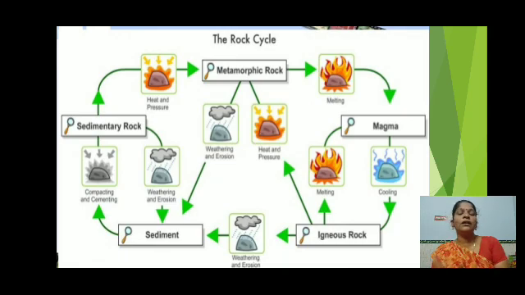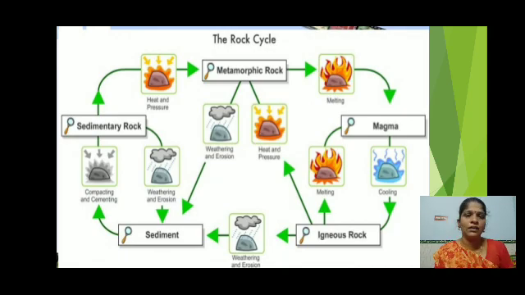Because of heating and cooling by the rain, they are broken into small pieces. When those sedimentary rocks go inside the earth and get more heat and pressure, they turn into metamorphic rocks. Those metamorphic rocks go deep inside the earth, and because of the pressure, they come out in the stage of magma. When the magma cools, those rocks are called igneous rocks.